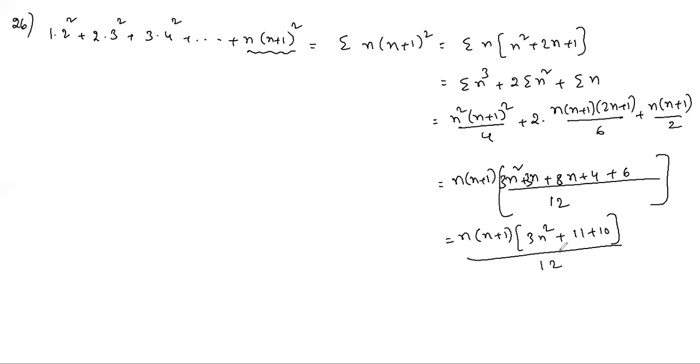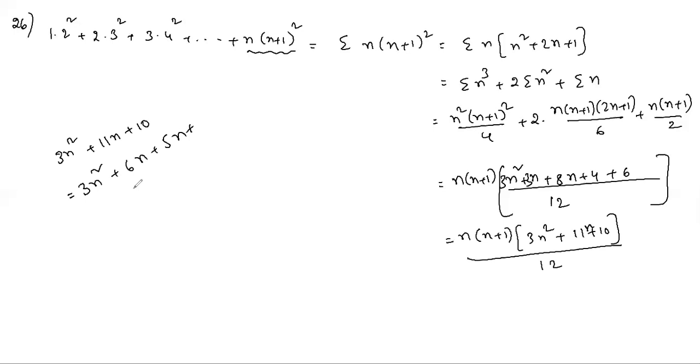You can factorize it, I think. 3n square plus 11n plus 10: 3 into 10 is 30, split as 6 into 5, so 6n plus 5n.